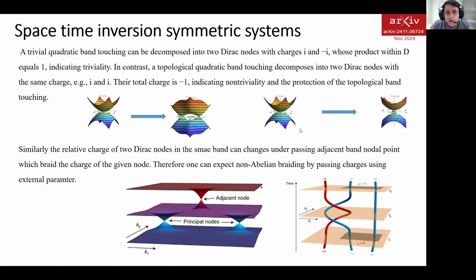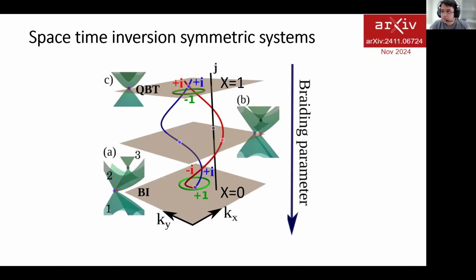So let me again summarize my discussion on a space-time inversion symmetric system. Suppose that you make two Dirac nodes using band inversion.